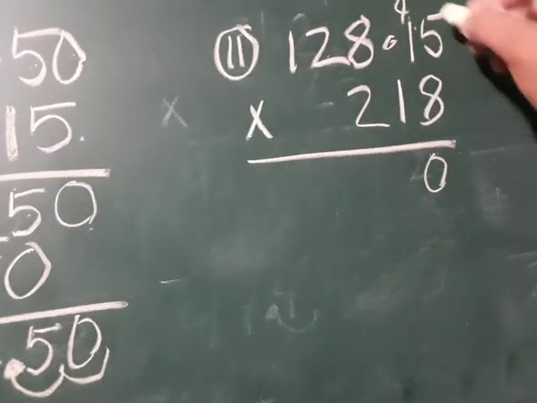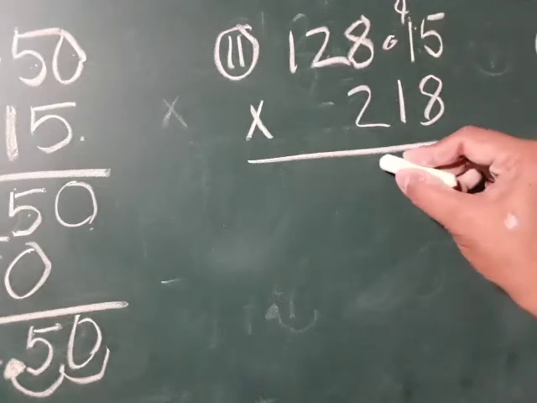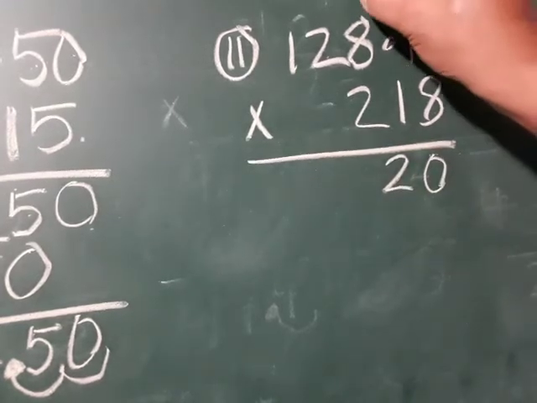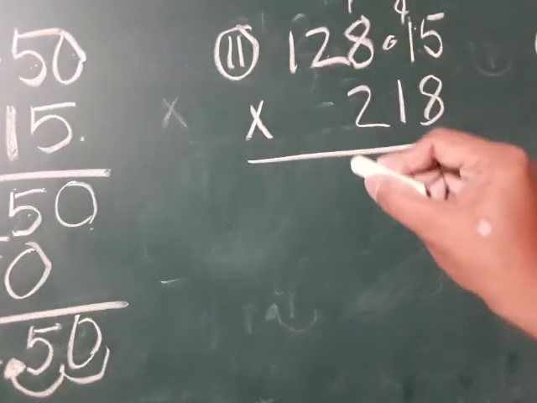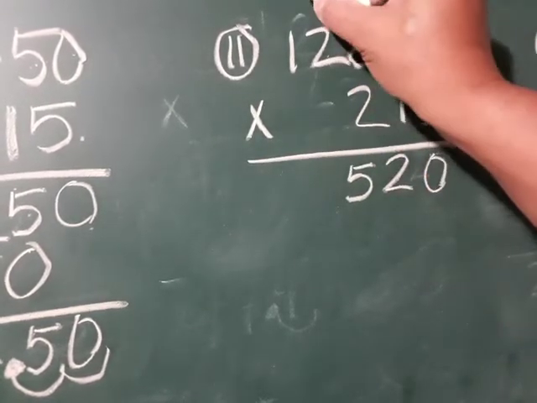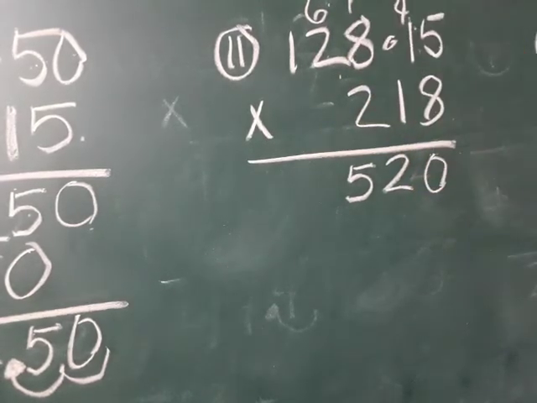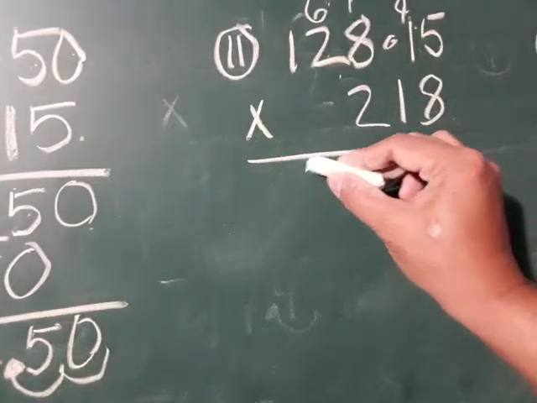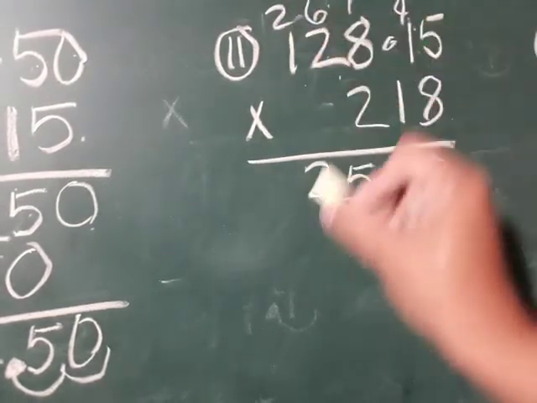Carry 4. 8 times 1 is equal to 8, plus 4, 12. So 2, carry 1. 8 times 8 is equal to 64, plus 1 is equal to 65. Carry 6. 8 times 2, 16, plus 6, 22. Carry 2. So 8 times 1 is 8, plus 2, 10.